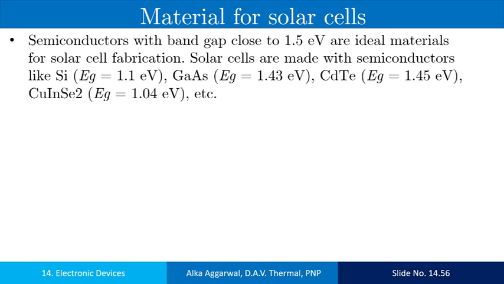The materials which are used for solar cells should have a band gap very close to 1.5 electron volts.